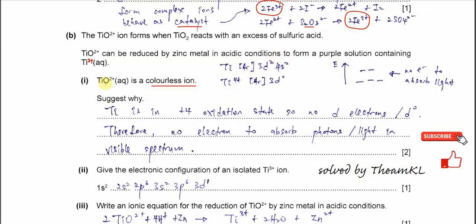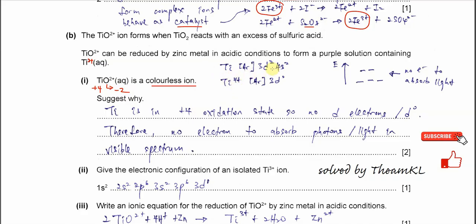The TiO2+ ion is actually telling you that the oxidation state of oxygen is -2. Overall charge is 2+, so the oxidation state for titanium must be +4. Titanium is actually 4+.